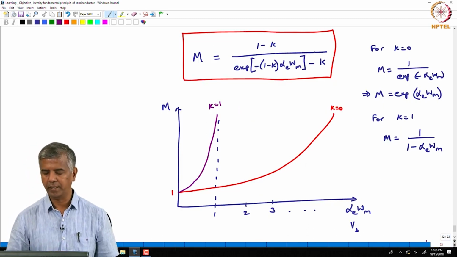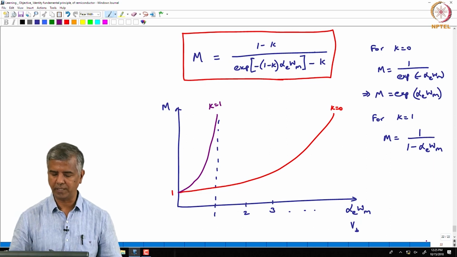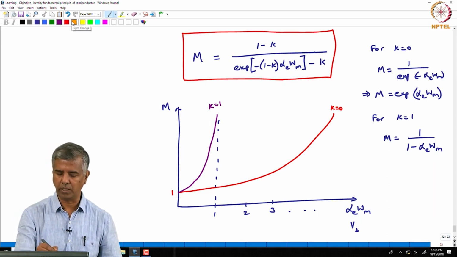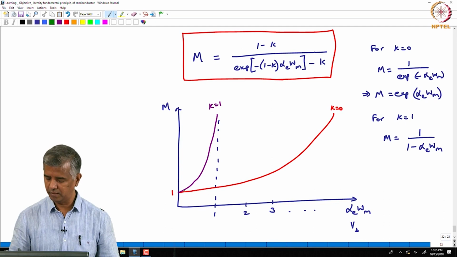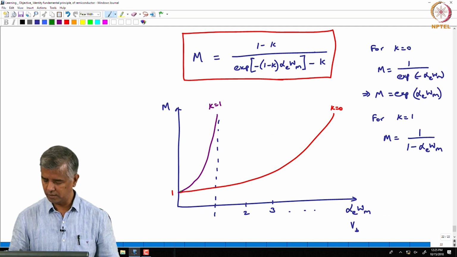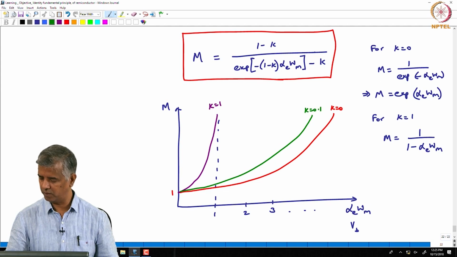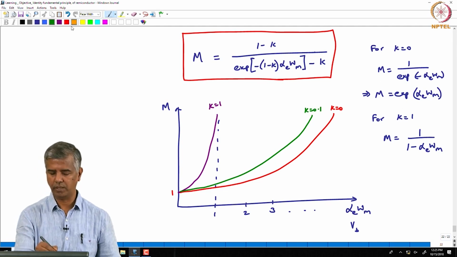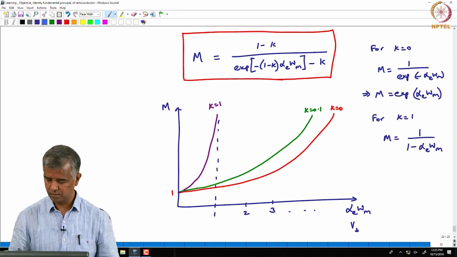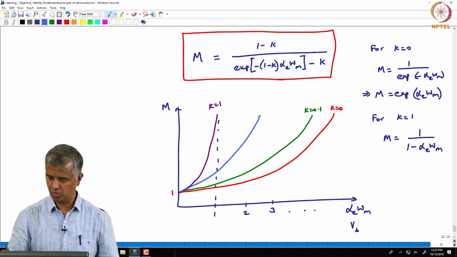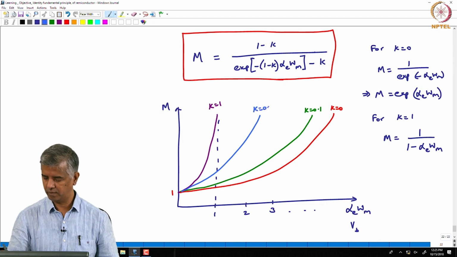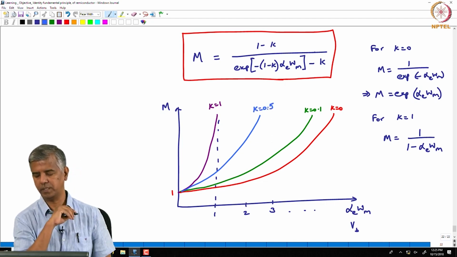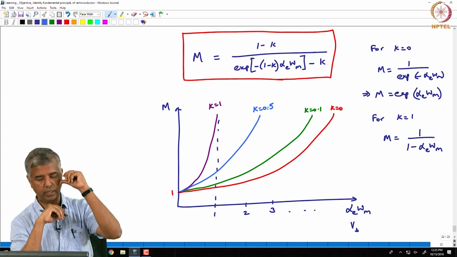Okay. And to put things in perspective, silicon has k equal to 0.1. So, that will be somewhere over here, and for indium gallium arsenide, k equals 0.5. So, that would be something like this. Okay.